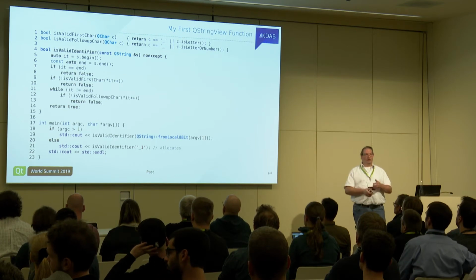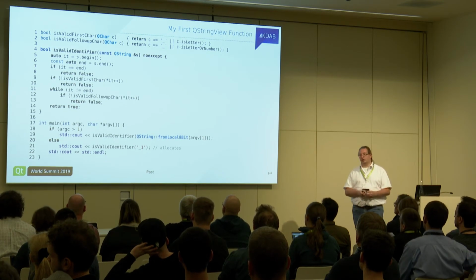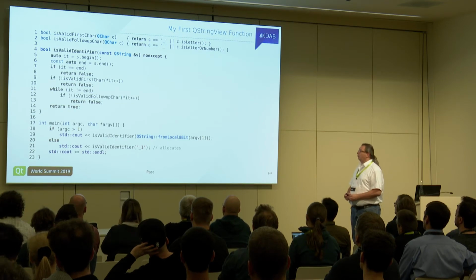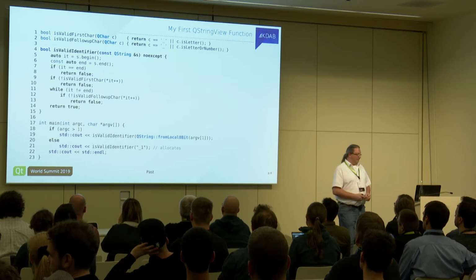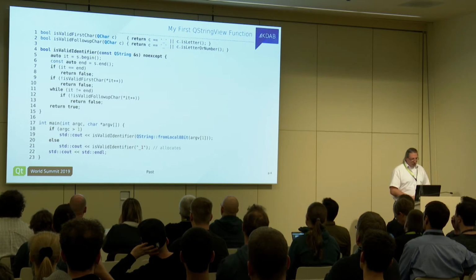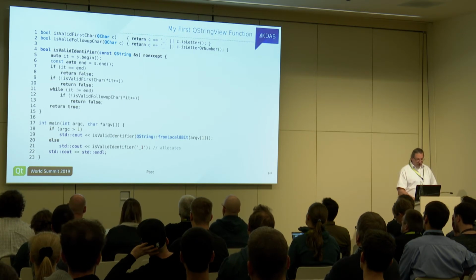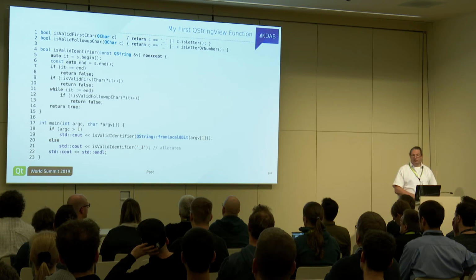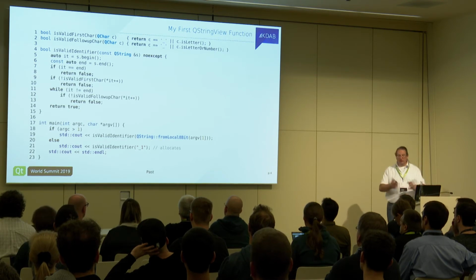So it starts with a letter or an underscore, and once it's done that, it can also contain numbers, right? So we need to check the first character separately. We need to handle empty identifiers here. And an empty identifier is defined as non-valid.